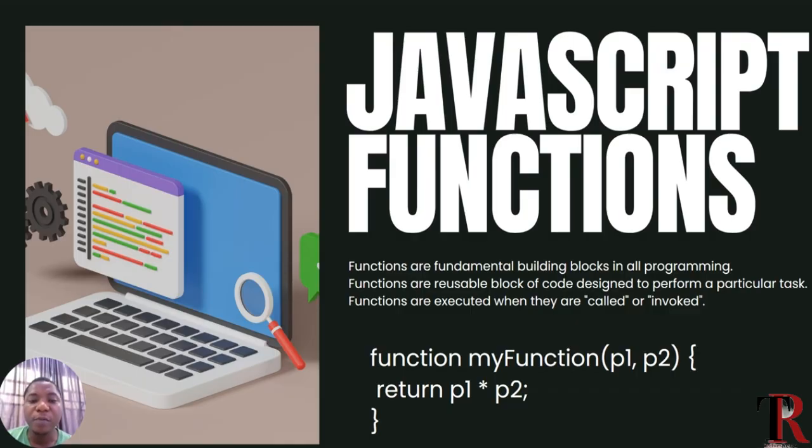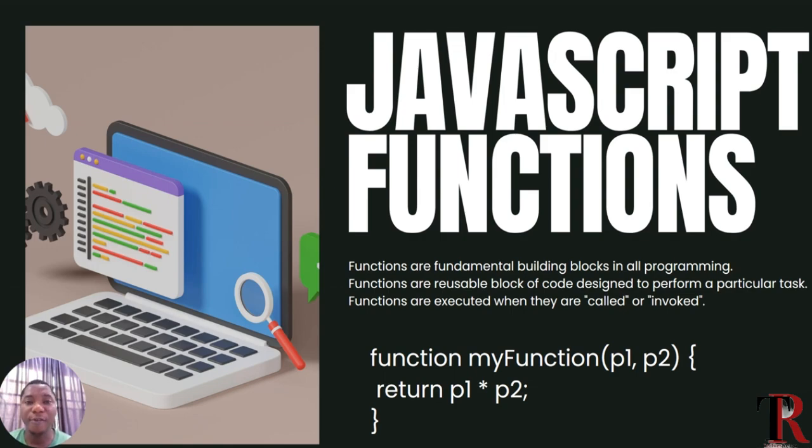So functions are a reusable block of code designed to perform a particular task. You might ask, if this is not peculiar to JavaScript, what does a function do in the context of a program? Functions are a reusable block of code, which means that you can reuse them.